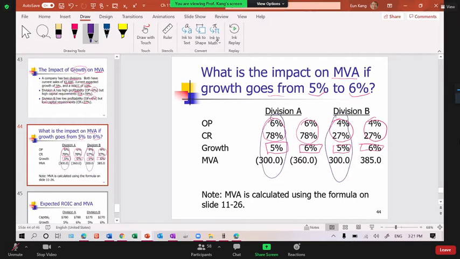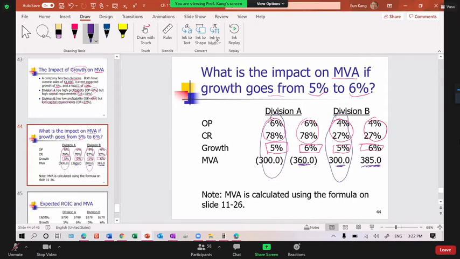Look at this. MVA was negative. If you grow more, then what? It's more negative, right? It's not good. And this one, MVA is positive. So if you grow, you have more MVA. So in that case, for division B, an increased growth rate is good because it increases MVA. But division A, increase your growth rate to 6%, then what?